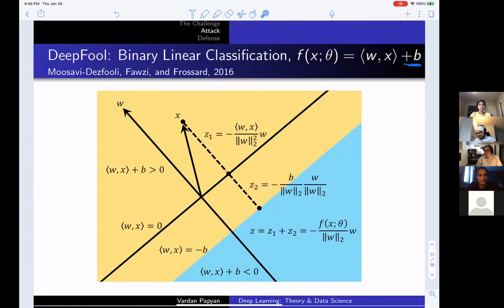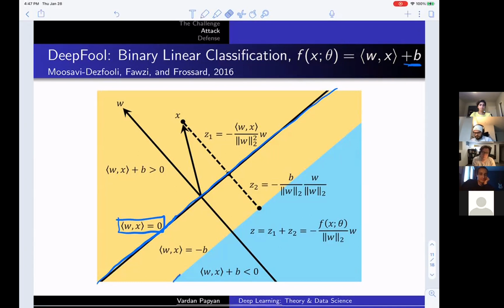Now, if you think about it, what is the difference between this case and the previous case? Notice that we still have this Wx equal to 0 separating hyperplane, which is just a line here, right? This is the plane of Wx equal to 0. And in our case, there's another plane which is interesting, which is Wx equal to minus b.